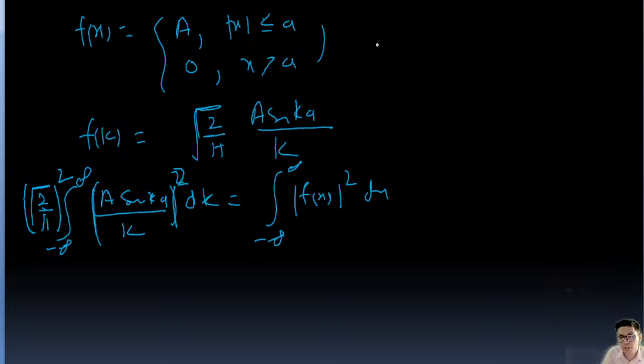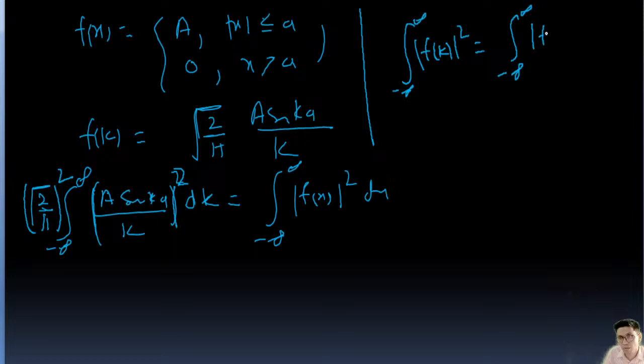Because we know here, the integration from minus infinity to plus infinity of mod f(k) square equals the integration of mod f(x) square. So the f(k) value is this, and we have put the mod f(k) square value here.